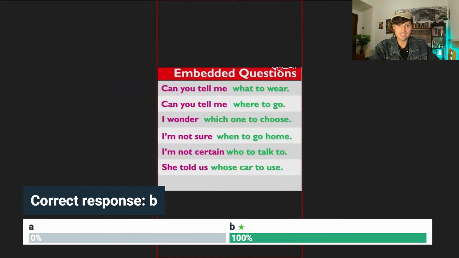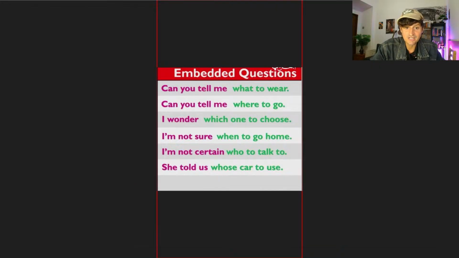So here are the embedded questions. Can you tell me what to wear. So, of course, you could also say, can you tell me what I have to wear, what I can wear? Or if you want to keep it simple, just put what and then the infinitive. Can you tell me what to wear? Can you tell me where to go?